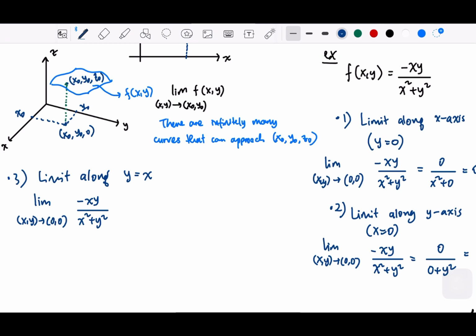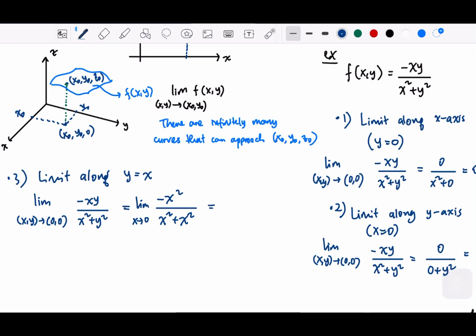Okay, so if we take the limit, we are going to exchange y to x or x to y. So let's just exchange y to x. So negative x squared over x squared plus x squared. And since y equals x, we can say the limit becomes x approaching 0.